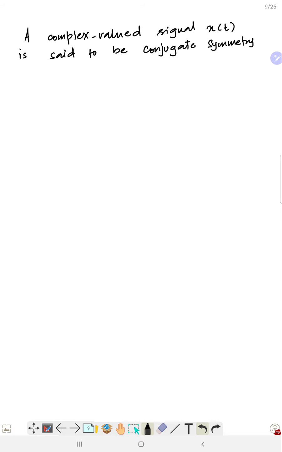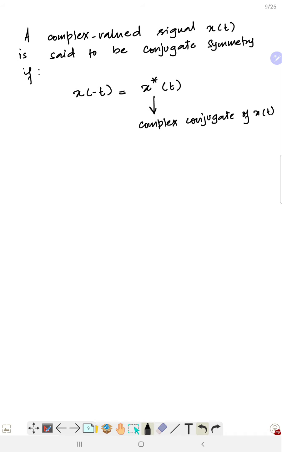Right? And a complex valued signal is said to have conjugate symmetry if it satisfies this relation: x of minus t is x conjugate, which we normally show using an asterisk in the superscript. And this x conjugate of t is basically the complex conjugate of x of t. So let me put things in a better perspective.